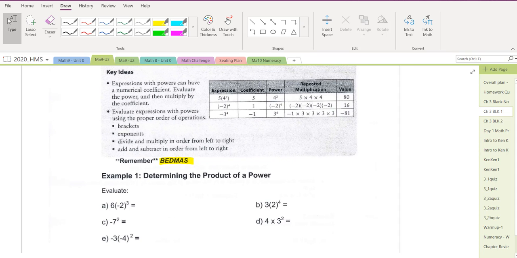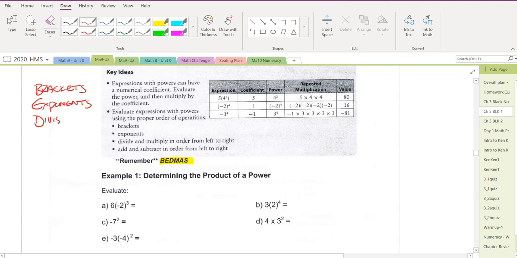What did the B stand for in BEDMAS? Brackets. What did the E stand for? Exponents. Thank you. What did the D stand for? Division. And M?